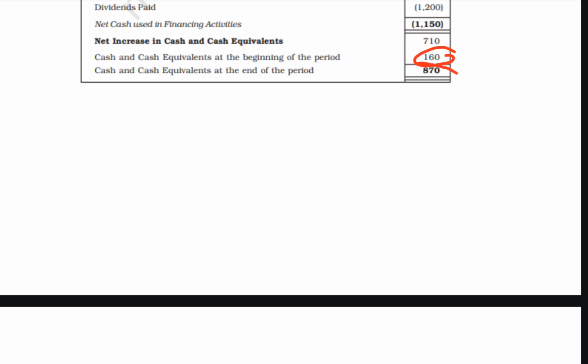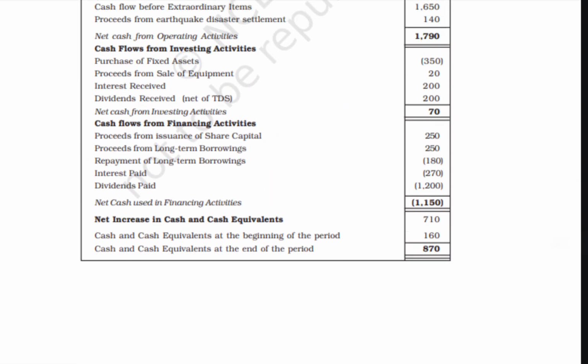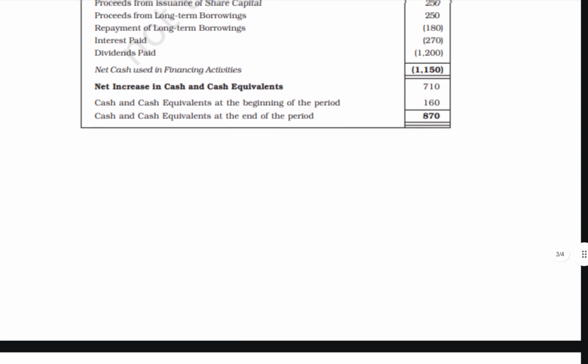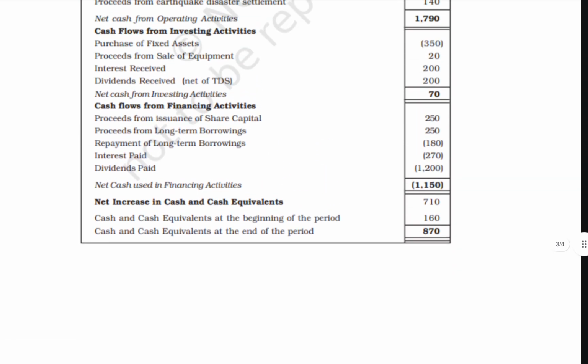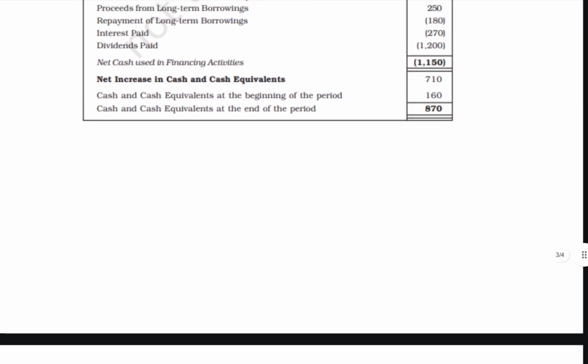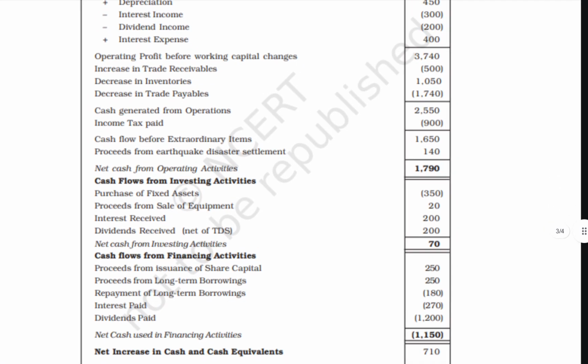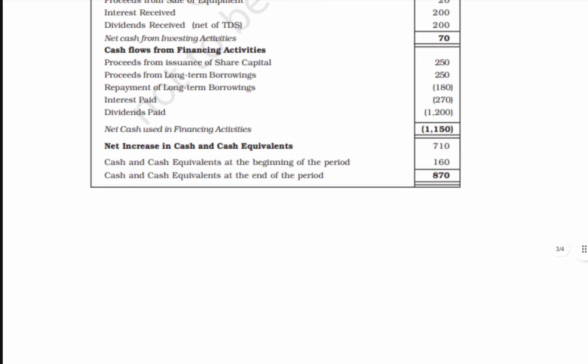At the end of the year, it was 8,70,000 rupees. Now, being a financial manager, you are showing what caused this change, what all changes happened to the cash available with the business, so that we have arrived at this balance. So here we have the reasons. See, very well stated financial reasons that cause the change.